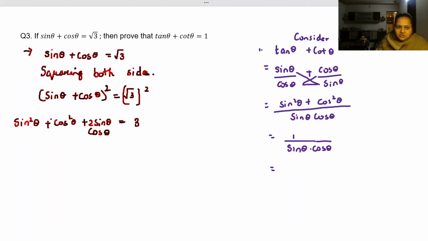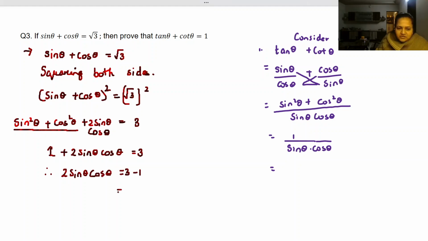So we got a square plus b square plus 2ab is root 3 square, which is 3. Now, do we know what is the value of sine square plus cos square? We know it. It is 1. 1 plus 2 sine theta cos theta is 3. So, what is 2 sine theta cos theta?